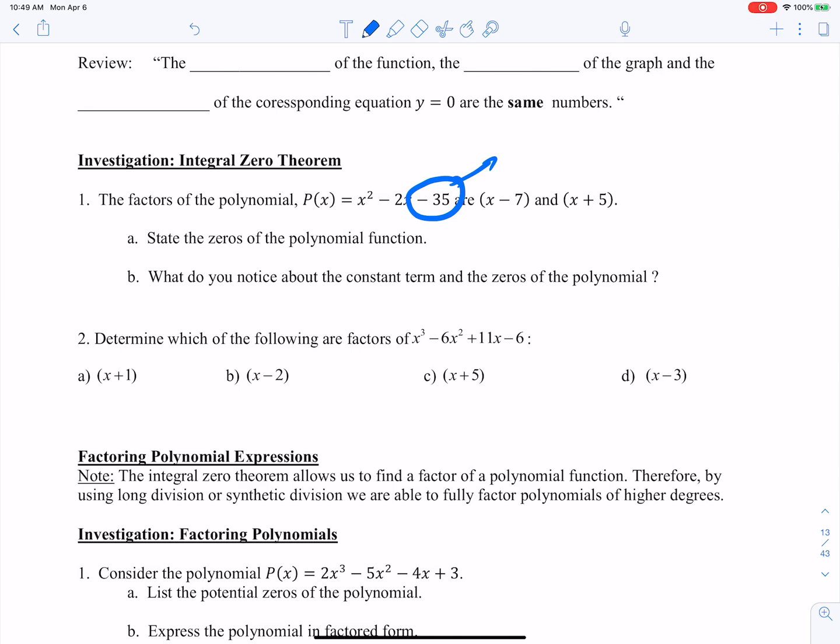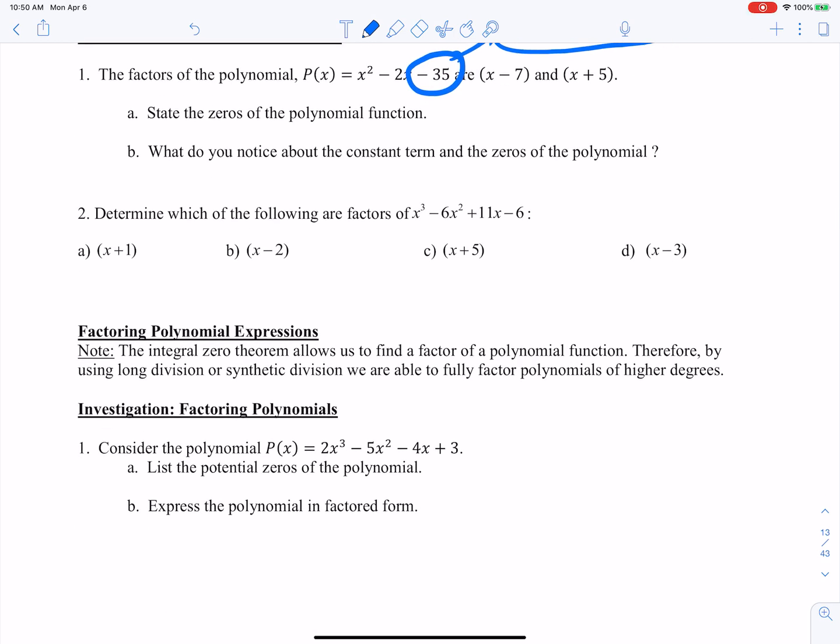So I know that the factors of negative 35 are plus minus 1, plus minus 5, plus minus 7, and plus minus 35. These are our possible zeros that would create possible factors.